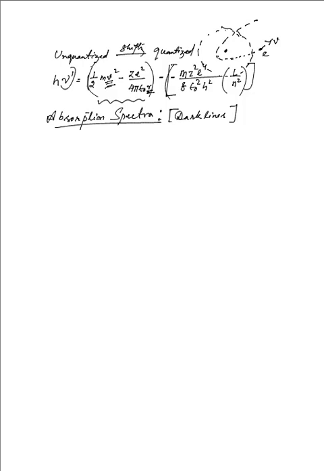Let us suppose that hydrogen gas kept in atomic form is placed in a glass cell, and continuous light is made incident on it, and then it is captured by a spectrometer.